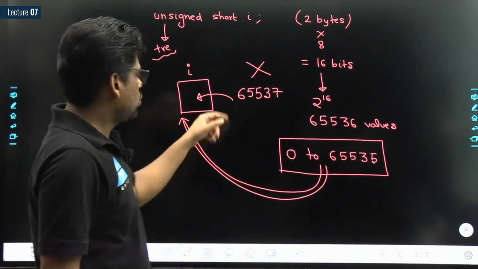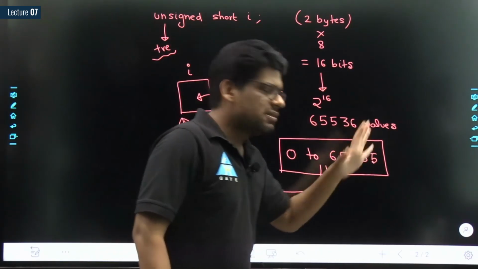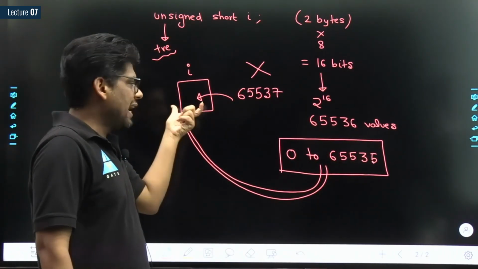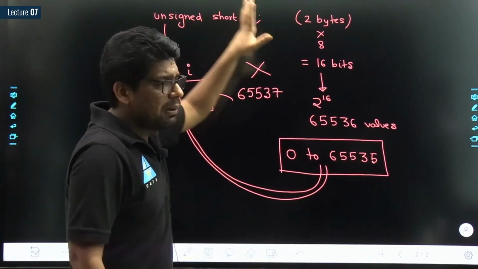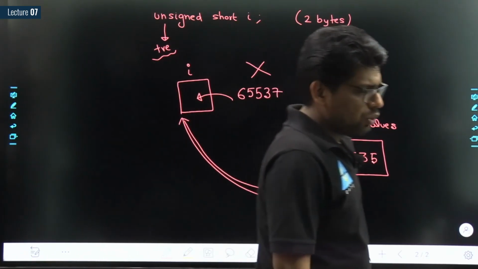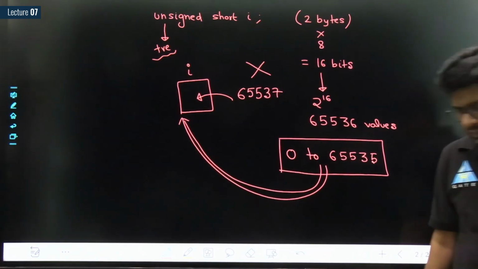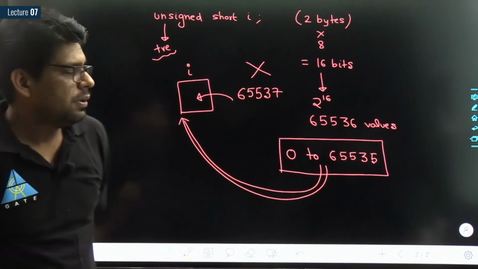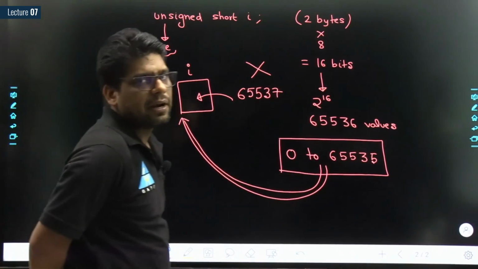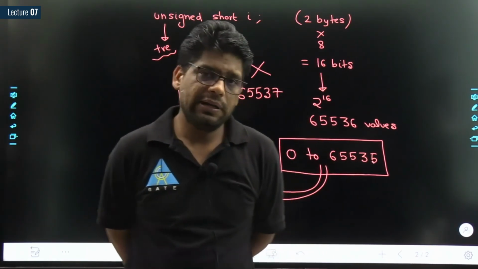We cannot store any value which is less than 0 or which is greater than 65535 inside this box or inside this variable. Please note it down carefully. I hope things must be clear now. Let's move ahead.